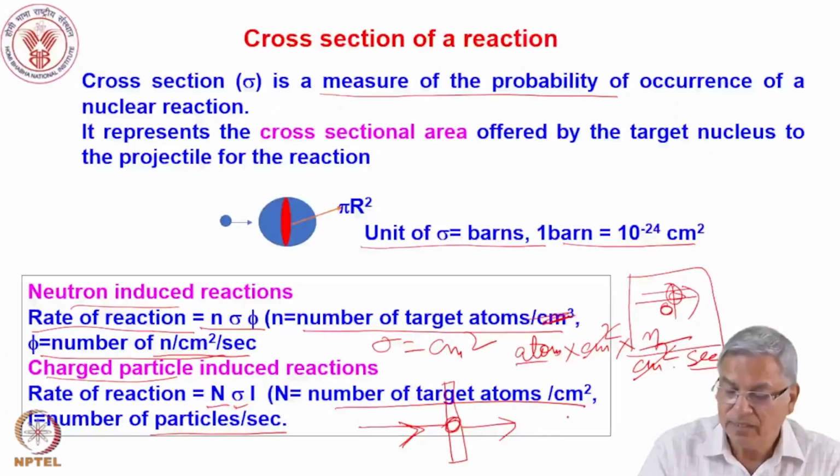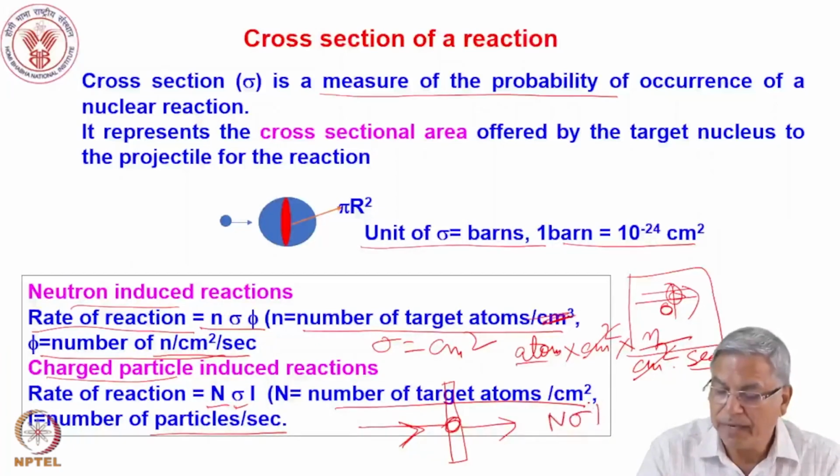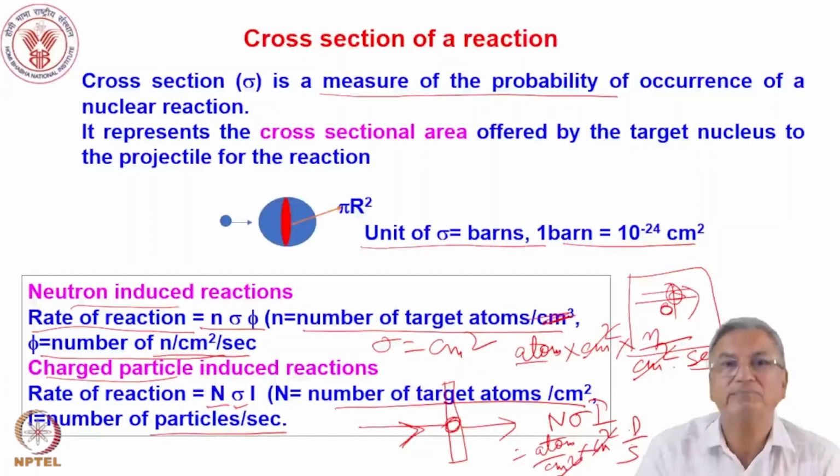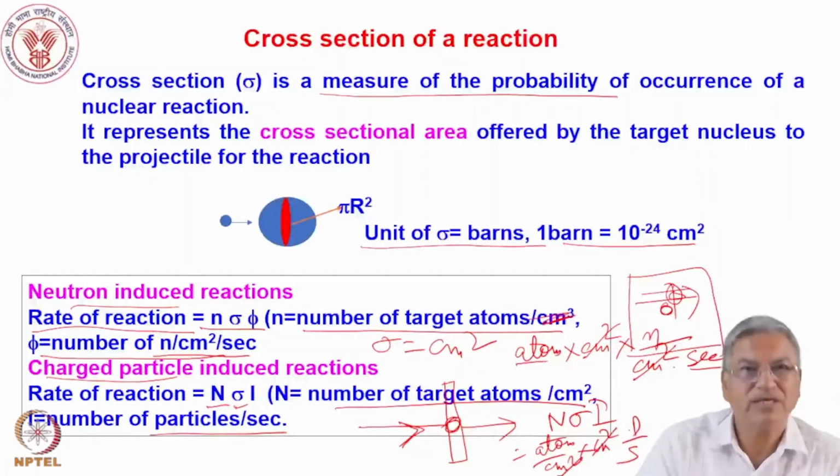You can see here N sigma I will be number of atoms per centimeter square into centimeter square into particles per second. It will be again atoms per second. In both the cases, whatever way the units of target atoms and the flux or the intensity, we always end up with N sigma phi or N sigma I as the rate of the reaction.